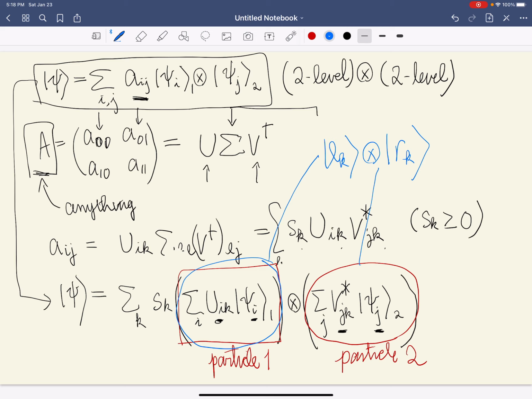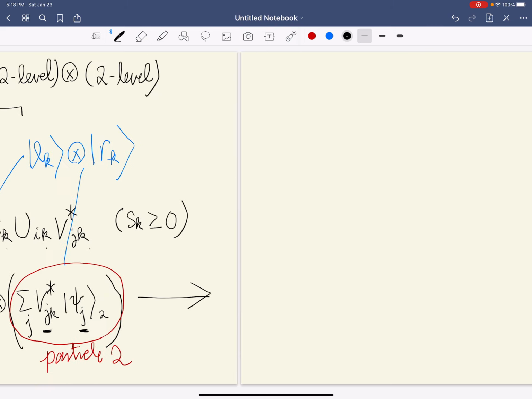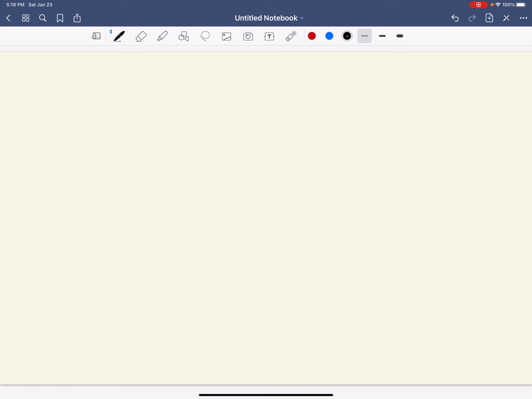Okay, so altogether we have a kind of decomposition of a state, which is an arbitrary state, into this form. So psi becomes a sum over k, s_k, l_k, r_k.